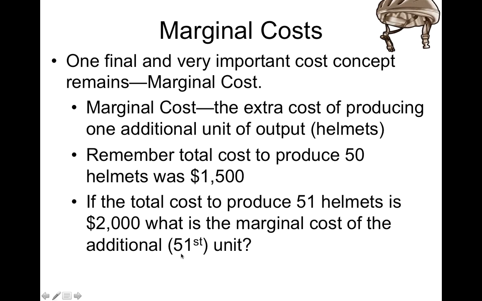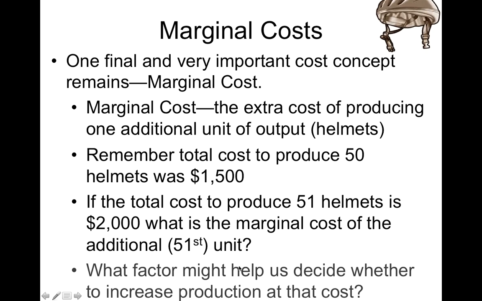So my marginal cost is to decide, is it worth it to add $500 more? It's going to cost me $500 to make one more unit. So my marginal cost is $500 for just that one extra unit. So what factor might help us decide whether to increase production at that cost?